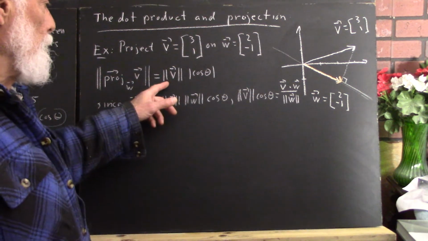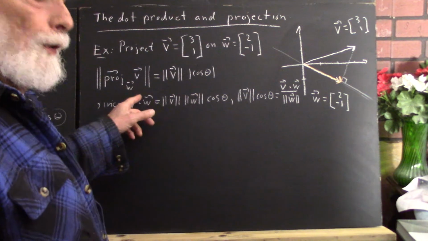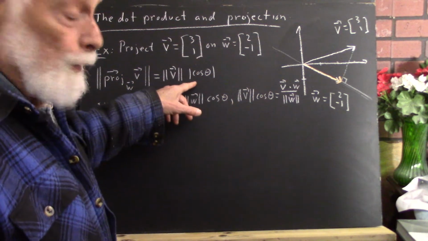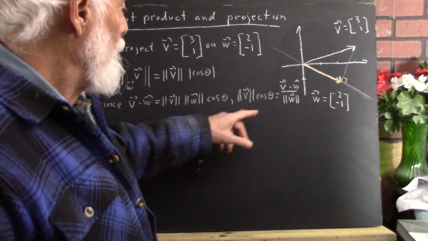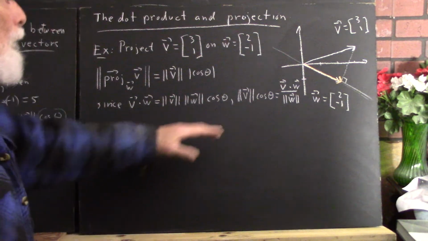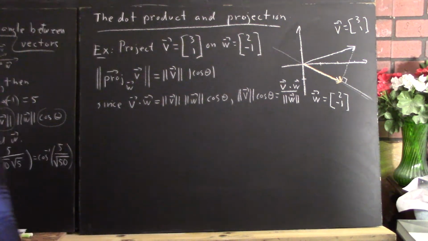And if we want the magnitude of the projection, the magnitude of v times the absolute value of the cosine of theta, we just put absolute values around this side and we'd have it. I'm going to leave it the way it is for a moment.